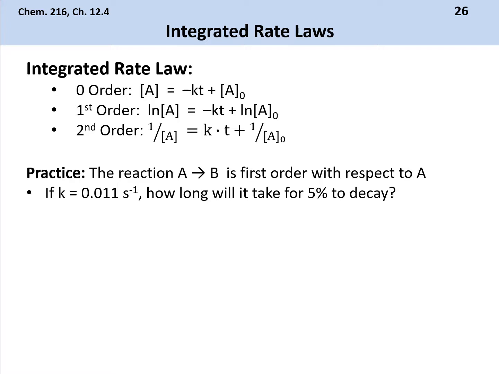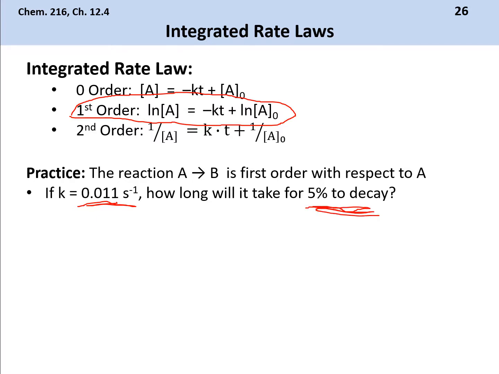All right, so let's say we have this reaction, A goes to B. We're told it's first order, so that means we're going to use this equation. And we're told that here's my k, and we're asked how long will it take for 5% to decay?